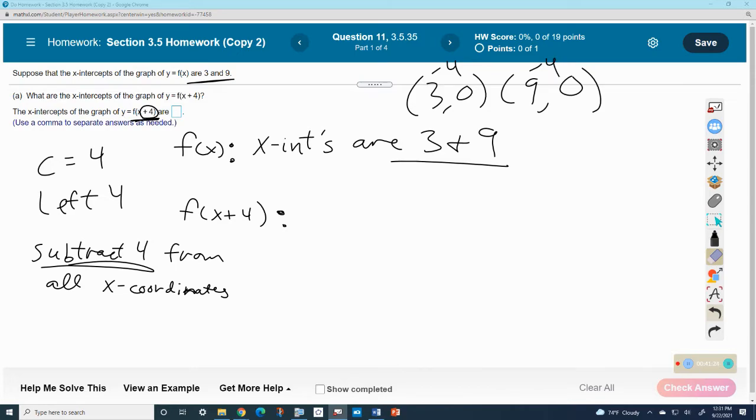So the new x-intercepts are going to be (-1, 0) and (5, 0). I don't know if it wants you to type in ordered pairs or just type in -1 and 5, but whichever it wants, just give it to it. I think it probably just wants the -1 and the 5. You just type -1, it says use a comma to separate answers, so then put a comma and then put a 5.